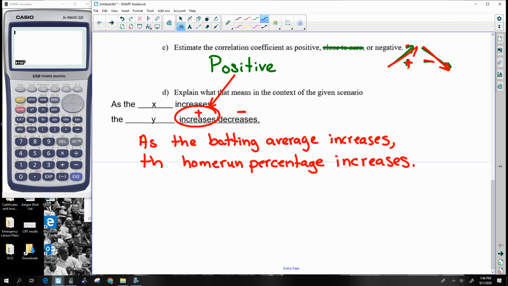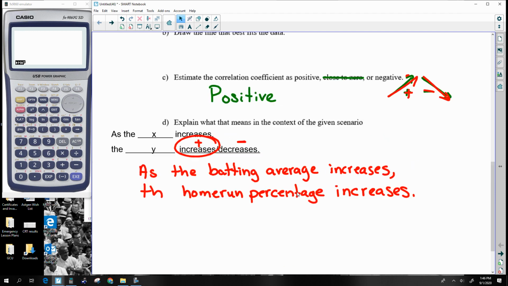It's worthwhile noting that this first one is always going to be increases. Always, always, always increases for that first one. Okay, that's your writing right there.